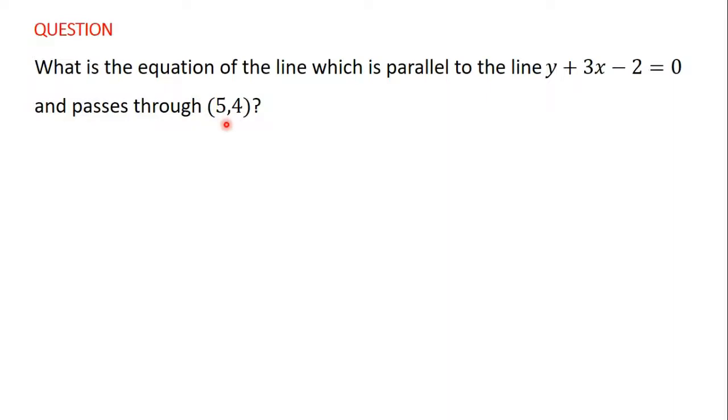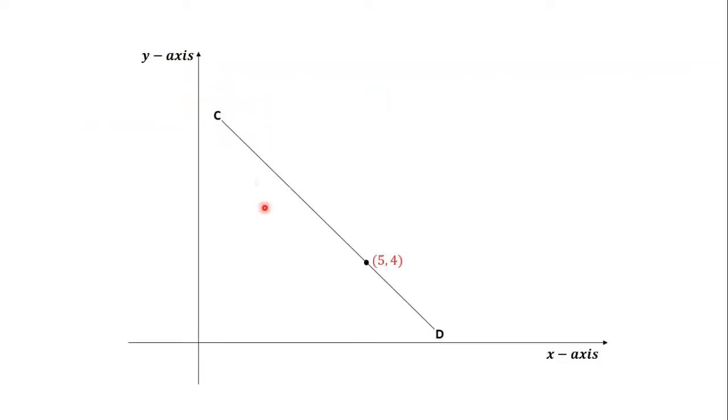To help us understand this, let's consider this question on a diagram. So we have this straight line drawn in the xy plane and it passes through the point (5, 4). The question wants us to find the equation of this straight line. To help us do that, we are being told that this line CD that passes through the point (5, 4) is parallel to another line.